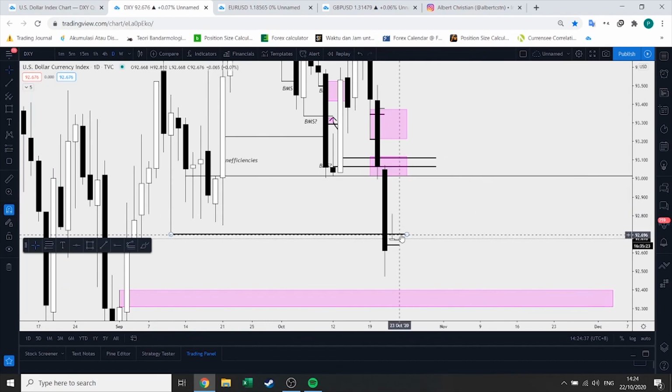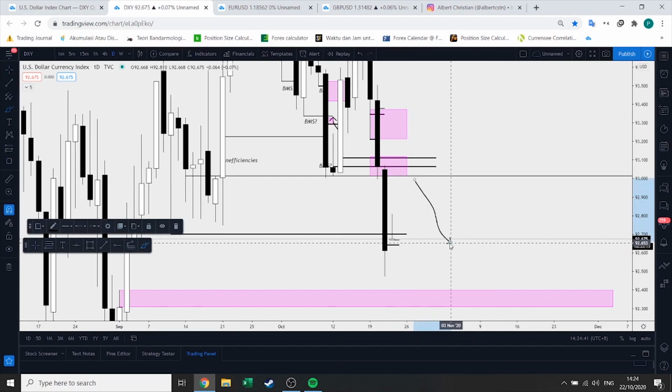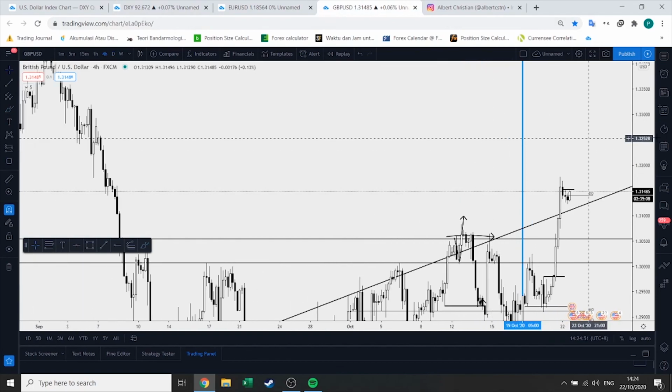If price decides to go up and then rejects, that means we're going to see higher prices in GBP/USD. If price decides to go up, then they're already taking profits.